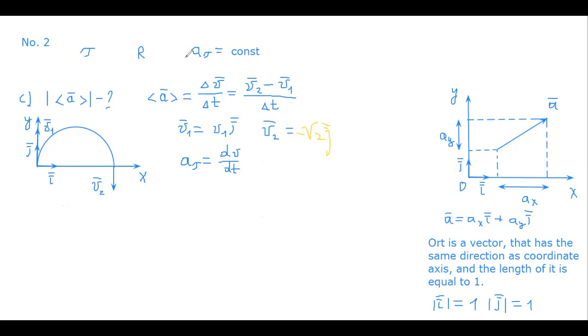Here, according to the description, we don't know the value of tangential acceleration, but we know that it is constant. It is enough for us. So let's find our velocity from this.